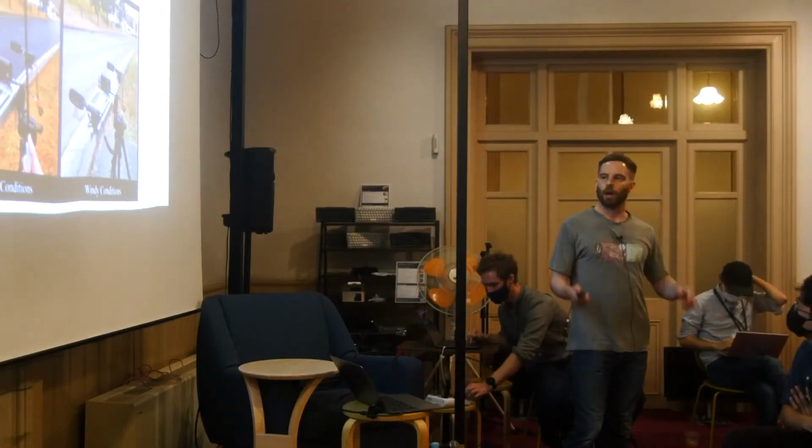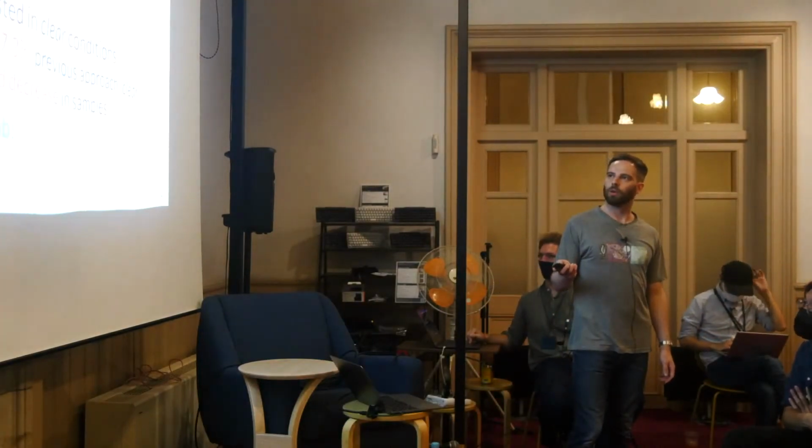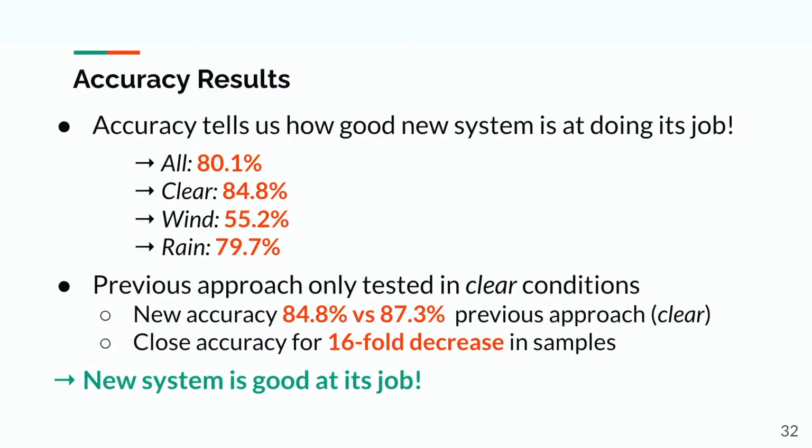It was interesting that the windy conditions had a lower success rate, because there's more sound to wind. My theory is that the rain was quite good because rain is constant and consistent, so it's quite easy to filter out. Wind isn't.